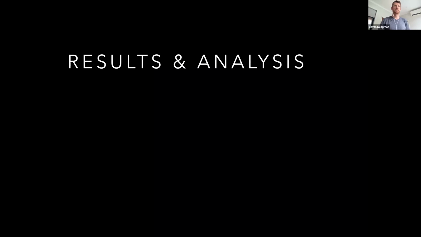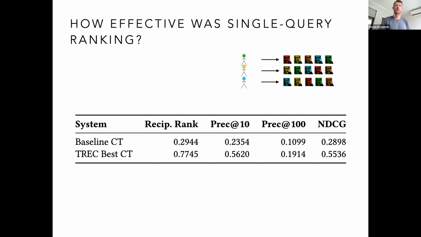Okay, let's look at the results. First of all, the single query ranking results, so the baseline and the best systems at TREC. The thing to note here is the big difference between the 2. Someone did a very good job at TREC in this task, and you can see there's a large difference in effectiveness.